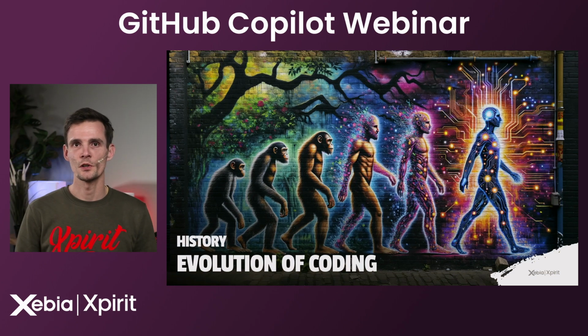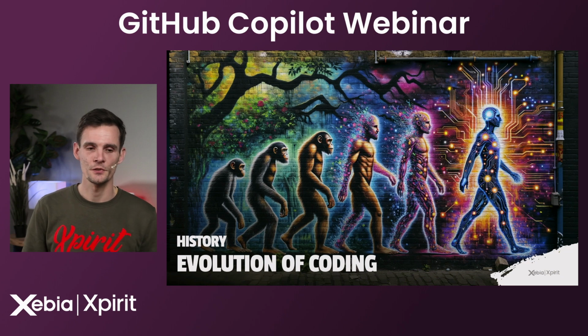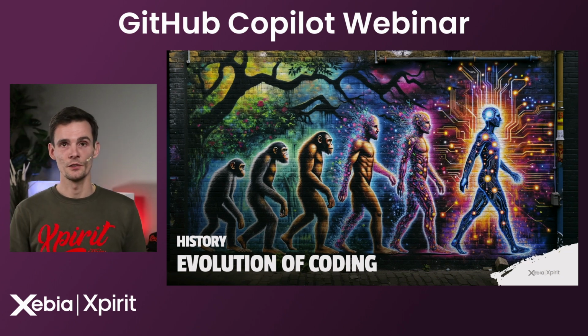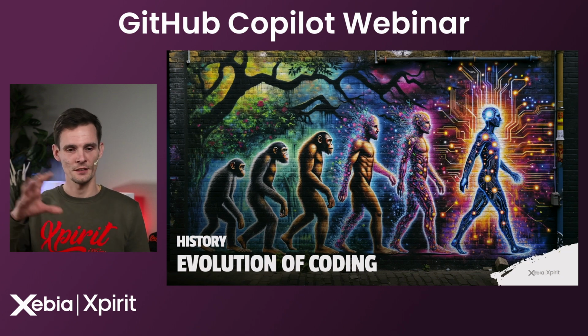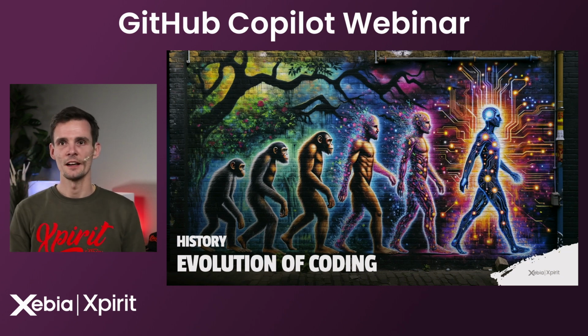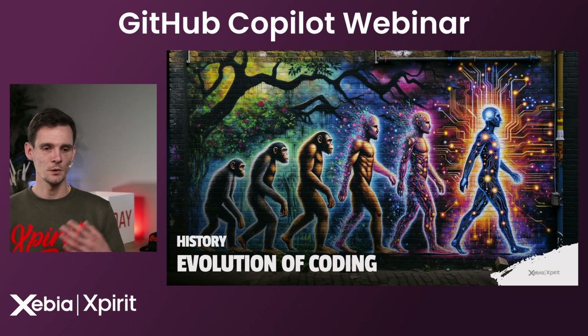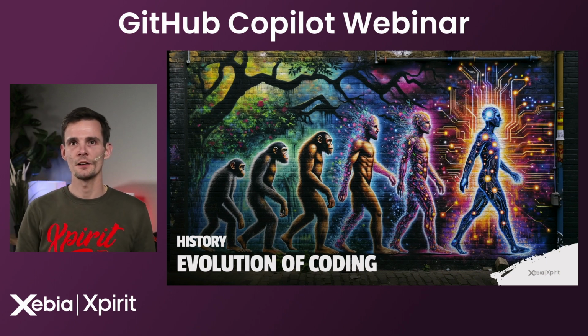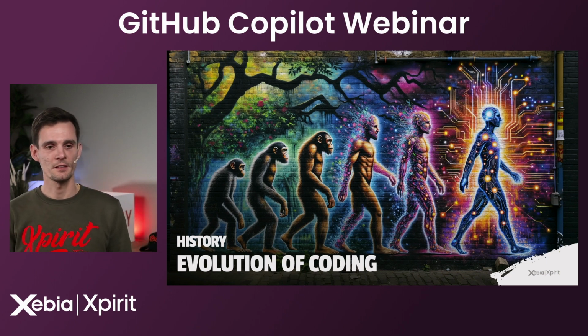So before we dive into GitHub Copilot, I want to first talk you through some evolution of coding. When developers first started coding, it was maybe on a command line tool or with text files, and they would write code, and they would have a very hard time writing correct code, and things would fail.